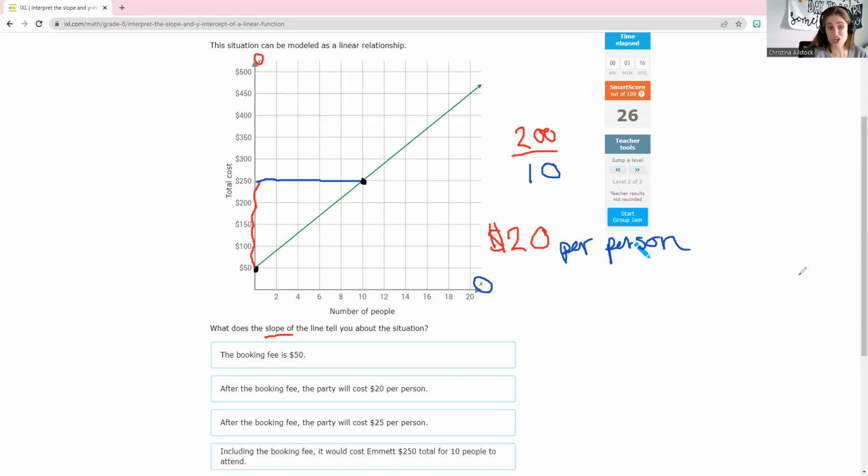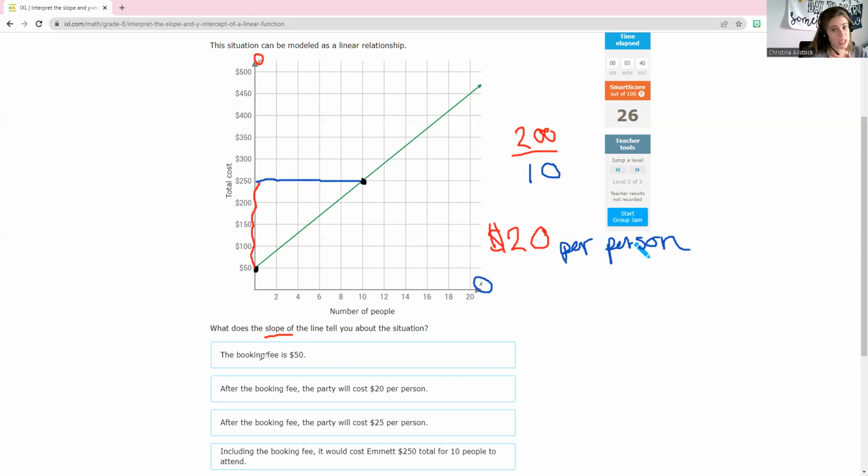All right. So that may be all we need in order to answer our question, but let's read our answer choices and see. So our slope is 20 bucks, and we can very easily interpret our slope by honestly just picking our labels, and our labels go in the same order, y over x, $20 per person. So option 1 here says the booking fee is 50 bucks.